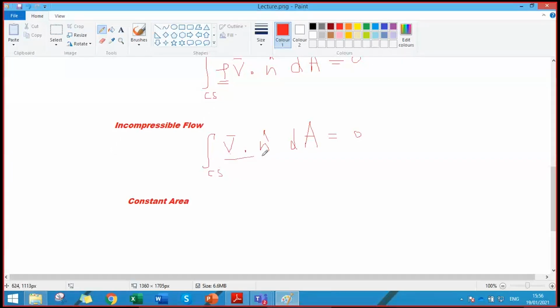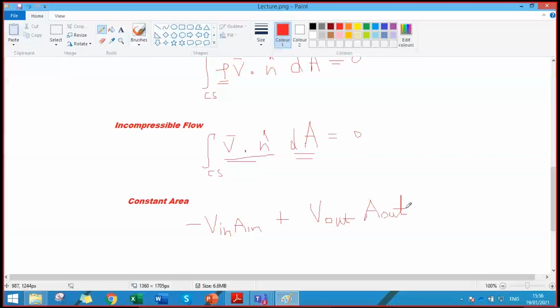So we will not need this v dot n integral, we will need minus v in, that is the total inlet velocity into the area of the inlet, plus velocity out, that is the total outflow velocity into the total area from which the flow is going out.